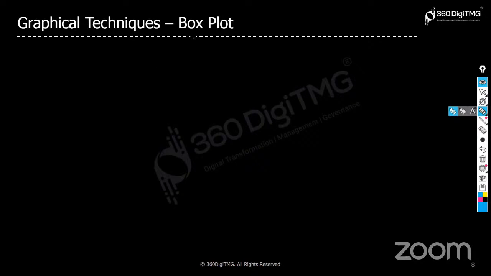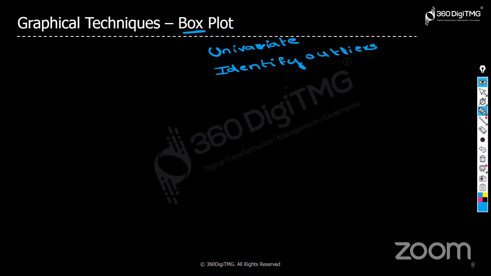So first of all, box plot is another type of univariate plot. This box plot is used to identify outliers. And the box plot is also called a box and whisker plot.